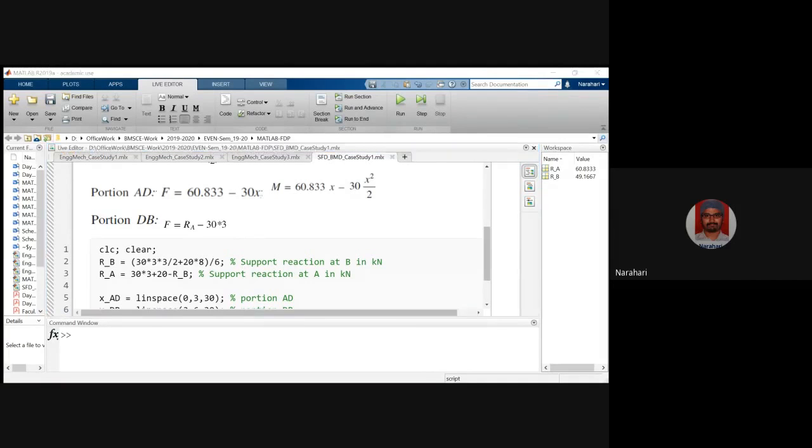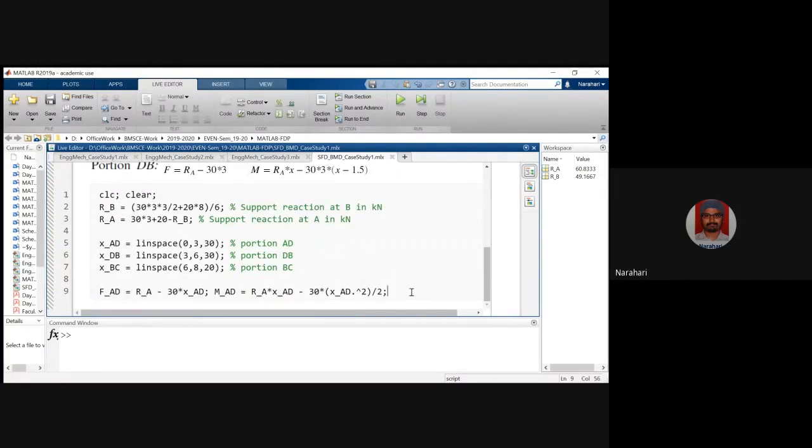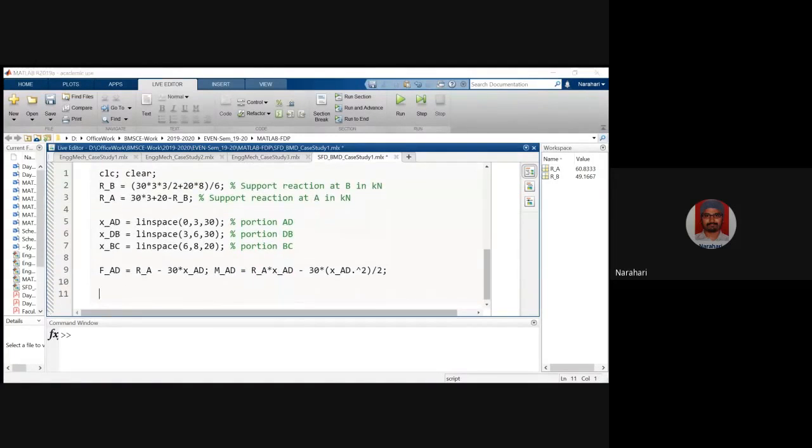This is F and this is your moment. So this is the moment expression, this is the force expression. So for that, if I code, it will be something like this.